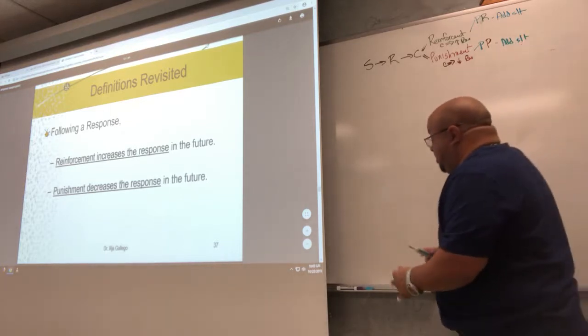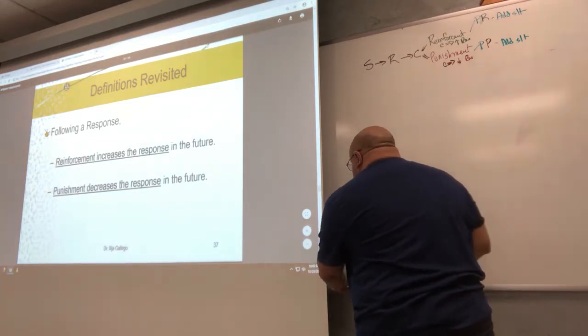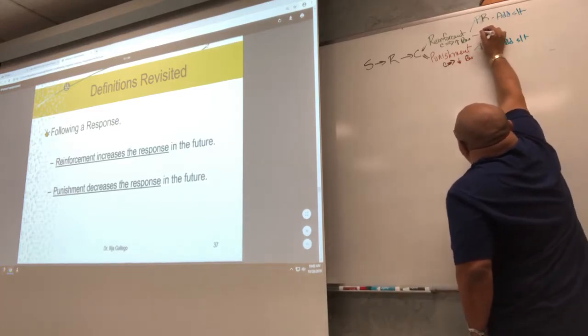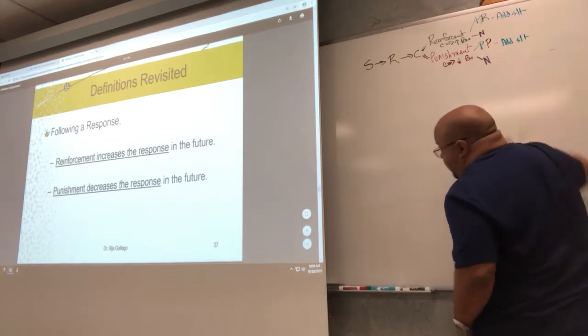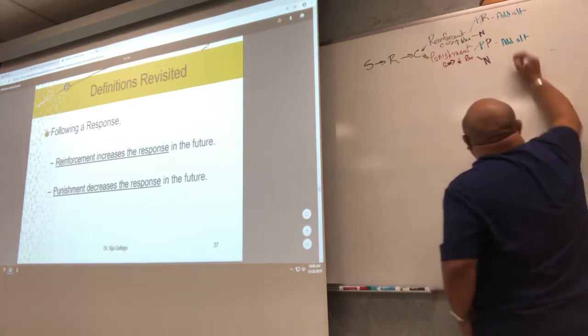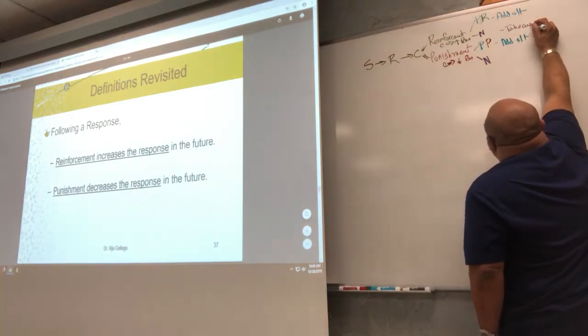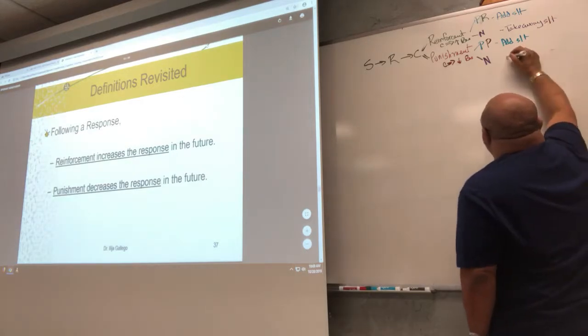The other definition is negative. Negative means also, as in math, that you take something away. So you remove or take away something.